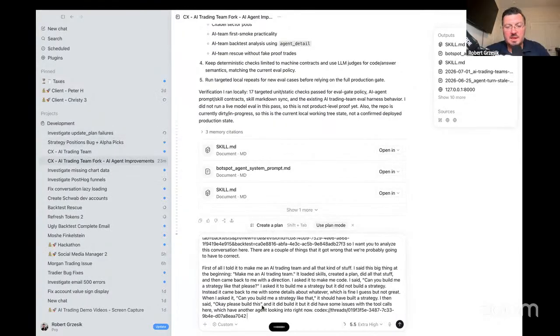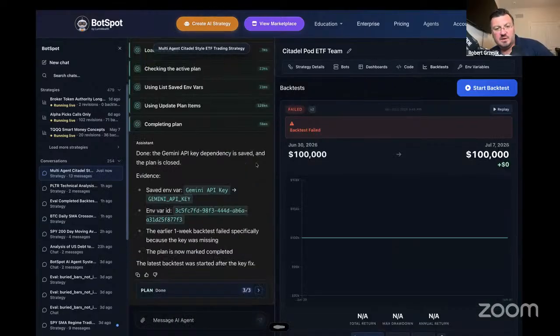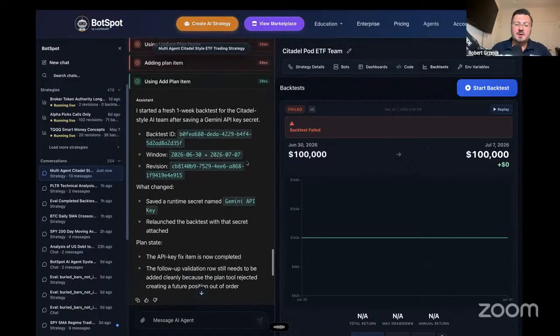First problem is that it did not use the environment variable, and it should have known to do that. And I don't understand why this wasn't done automatically, because, and actually maybe I do understand why, because we have an AI that basically checks whenever it ran a strategy revision, it would check what API keys are required.